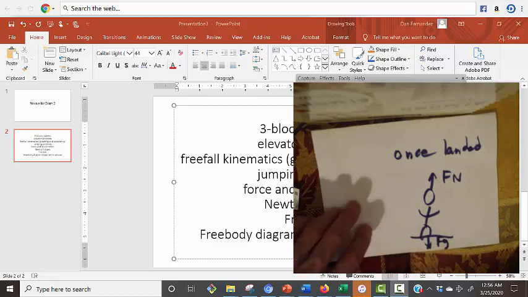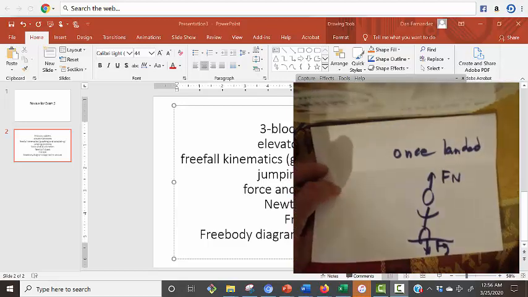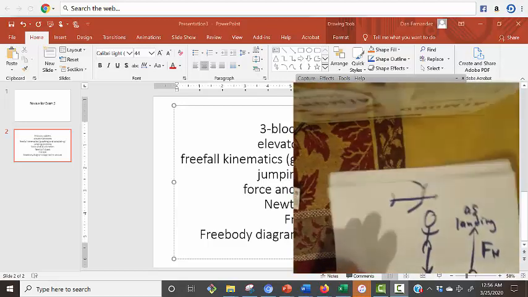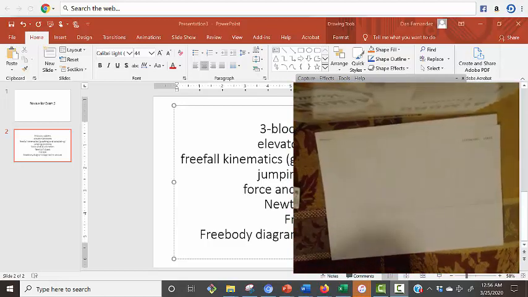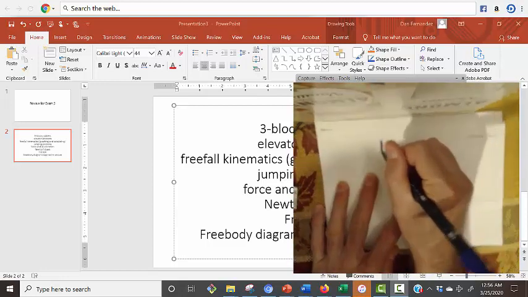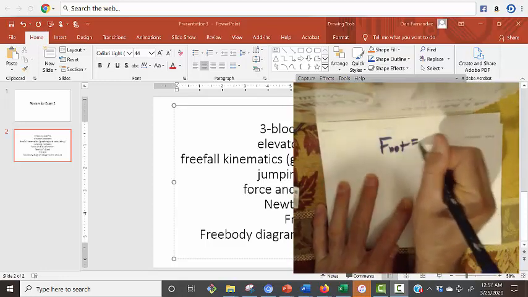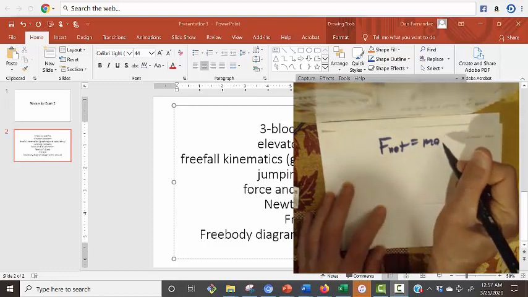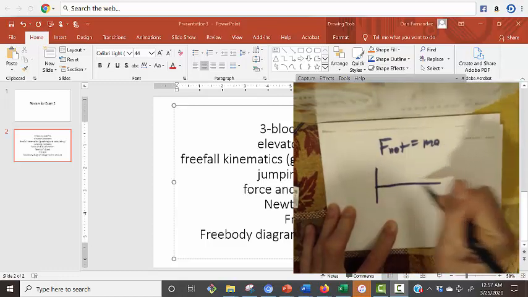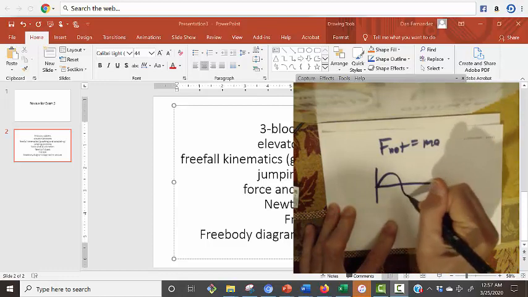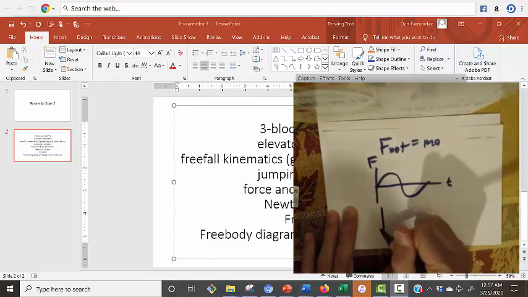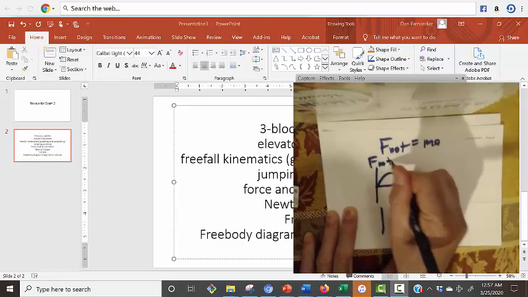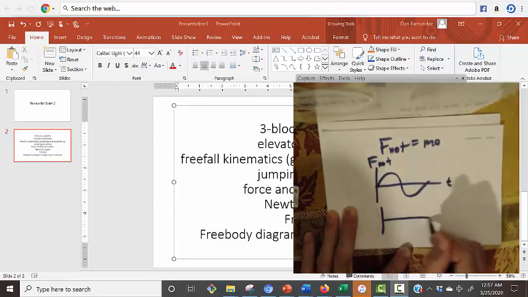Force and acceleration, how are those related? This goes with Newton's second law, that you could say F net equals ma. So if you have a graph of force versus time, this is the net force, let's say, a graph of acceleration versus time is going to have the same shape.